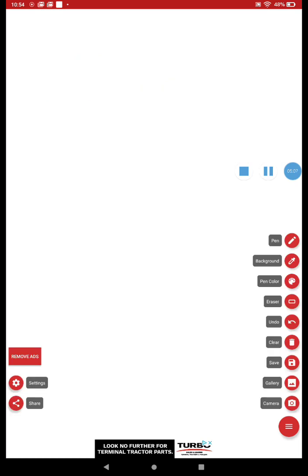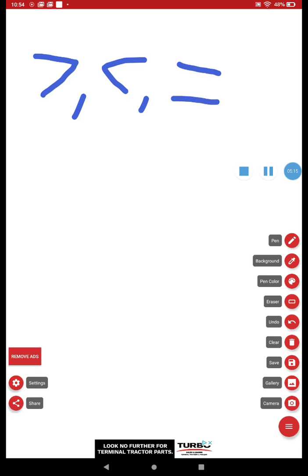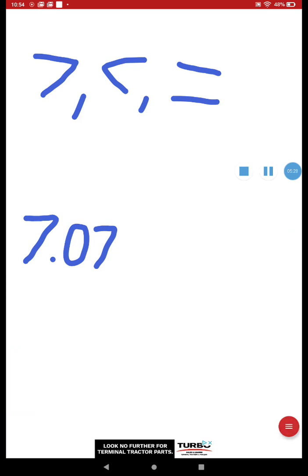We also reviewed these symbols: greater than, less than, and equal to. And we put that into practice. So if I have 7 and 7/100, is that greater than, less than, or equal to 7 and 7/10?